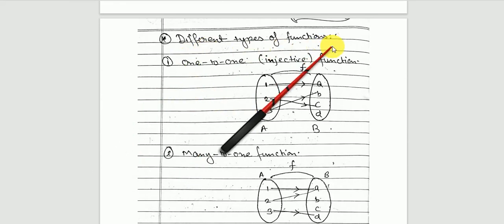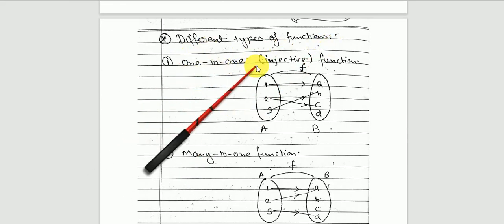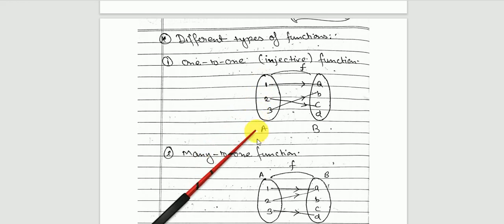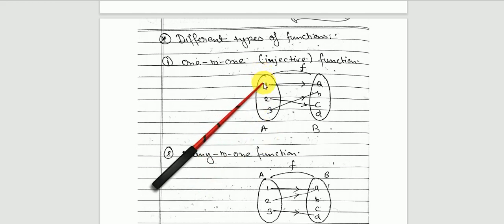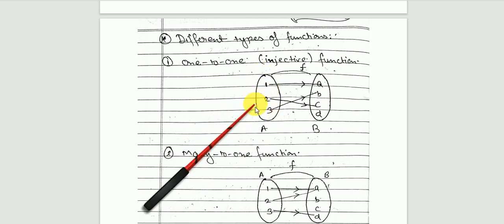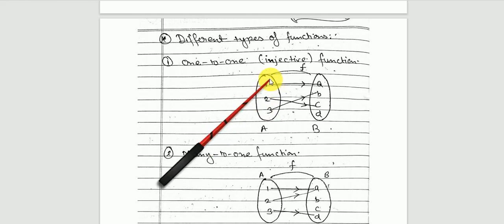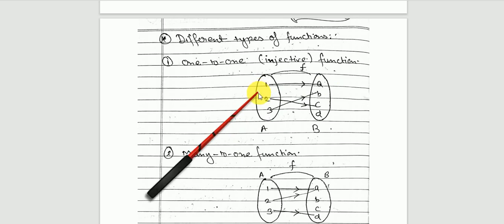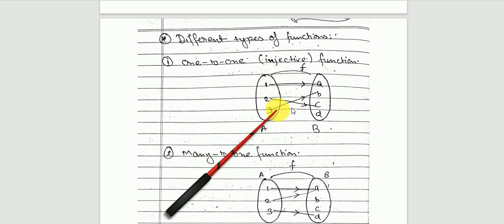Next, different types of functions. One-to-one function, also called injective function, means no two elements from set A should have the same image.